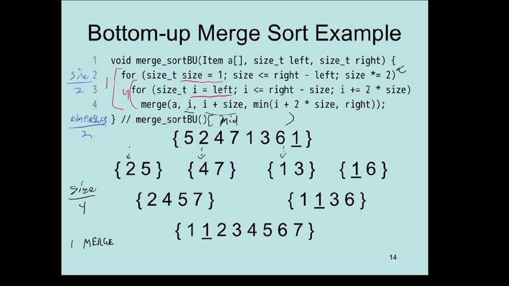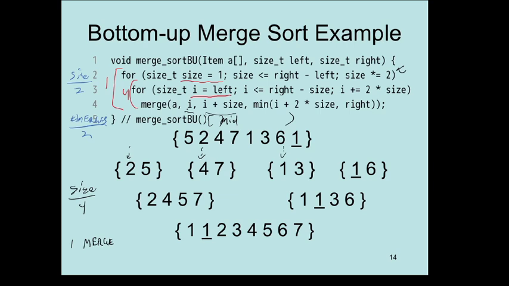I was the left square bracket, I plus size is mid, and this is the exclusive right. And that's what I was going to get to, Jacob: this min of I plus 2 times size, comma, right takes care of the odd sizes. So if we had a region of size 3, this expression takes care of that odd-sized region.